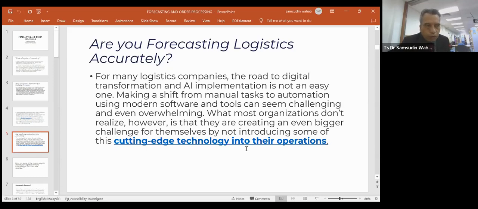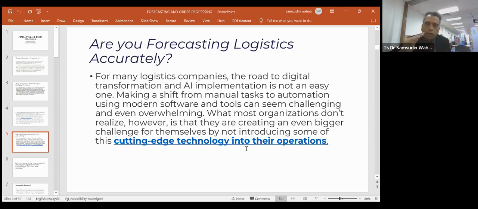In logistic activities, sometimes we have to allocate more money for transportation, more money for delivering, more money for our warehouse, more money for storage. With figures from forecasting, we can achieve a lower cost in our operation.